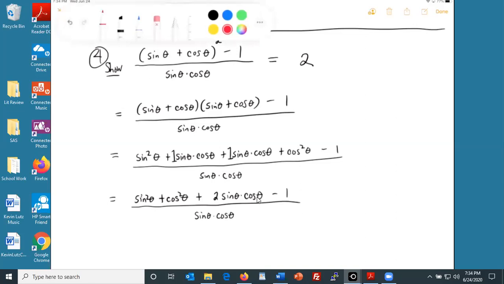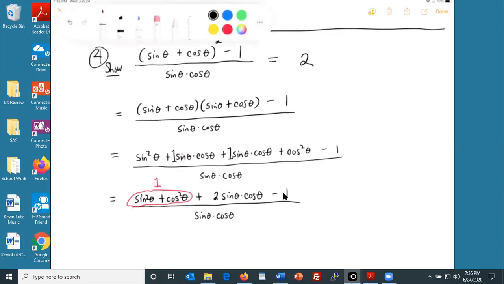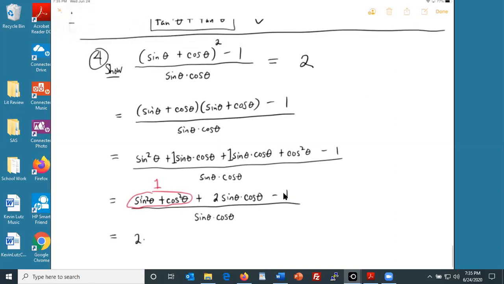Okay, so hopefully we can remember now that whenever you see sine squared plus cosine squared, you're going to think 1. And then, of course, 1 minus 1 is going to cancel. And that's going to bring down 2 sine theta times cosine theta over sine theta cosine theta.